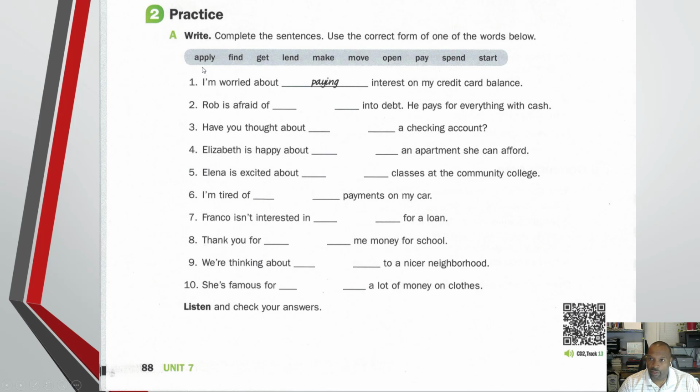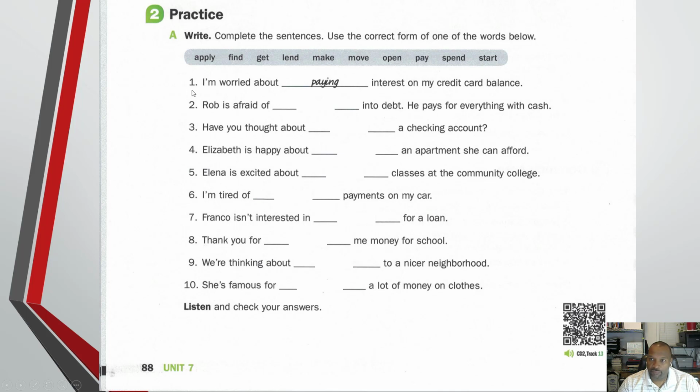The first word, apply, find, get, lend, make, move, open, pay, spend, start.